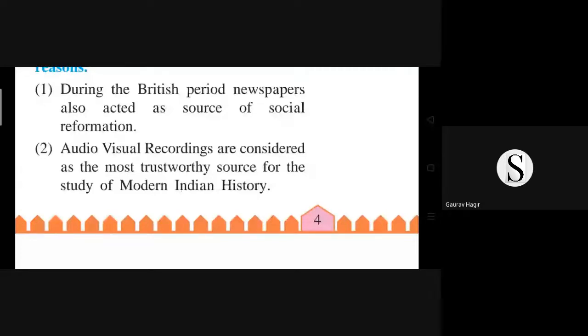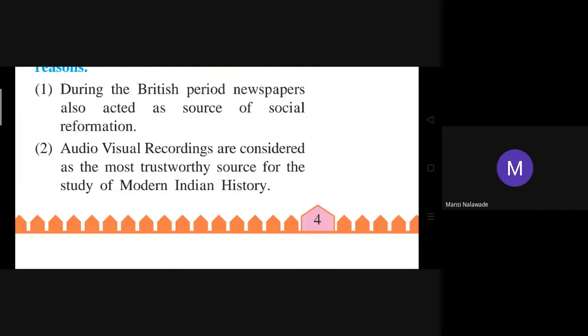Okay, Mansi, will you answer this question? Miss, which one? The second one only. Because I was unable to hear Gaurav. Did you all hear him? Okay, you heard him clearly.